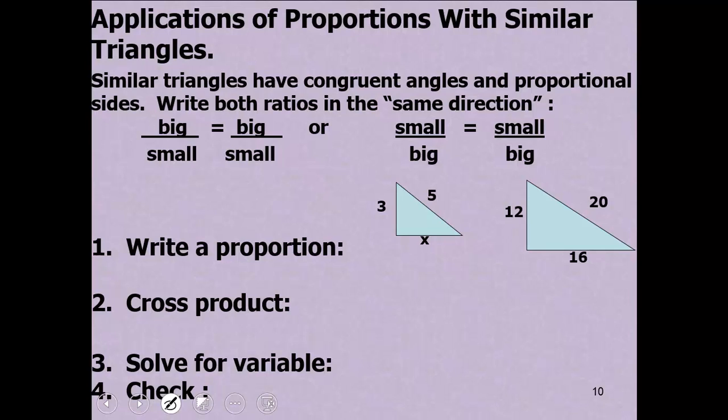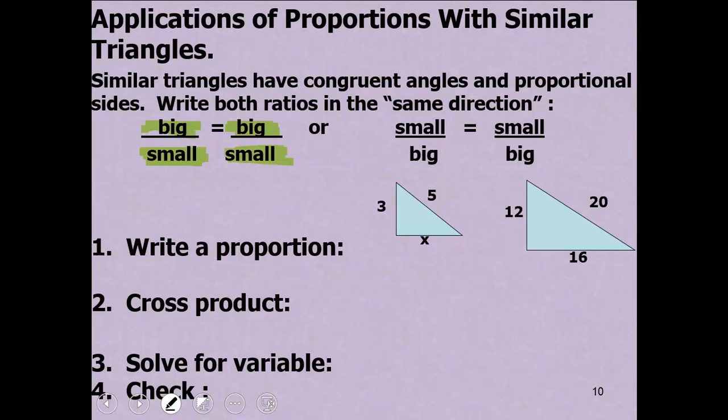All right. Okay, last application. Using proportions with similar triangles. We saw this in geometry, but I want to recap this for you. The trick to this is just keep your triangles going in the same order on both sides of the equation. So take a side from the big triangle, and then take the corresponding side from the smaller triangle, and then do that same thing with 2 other sides.